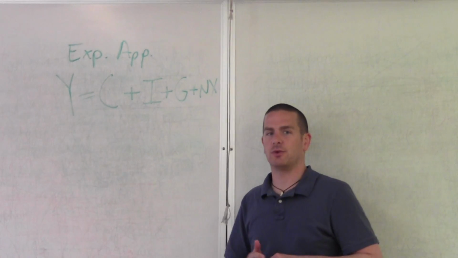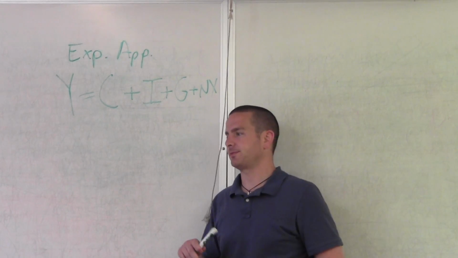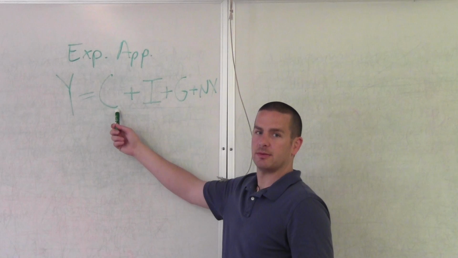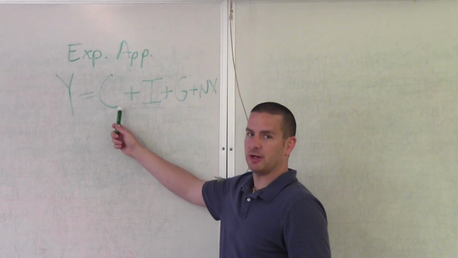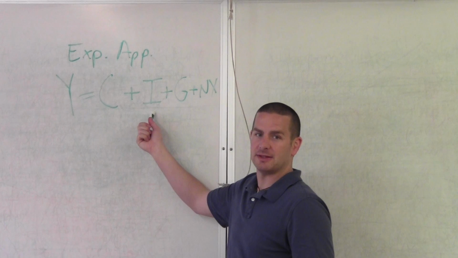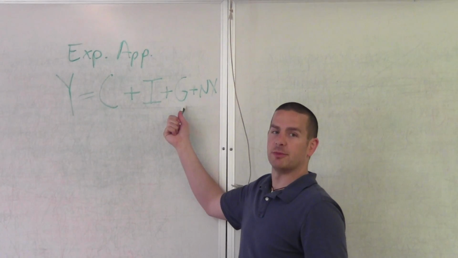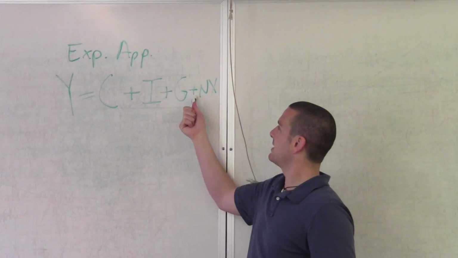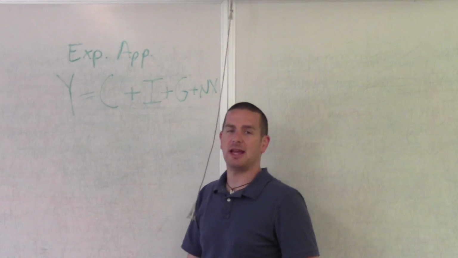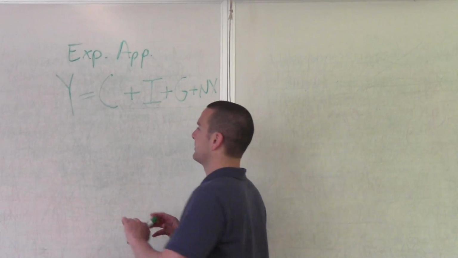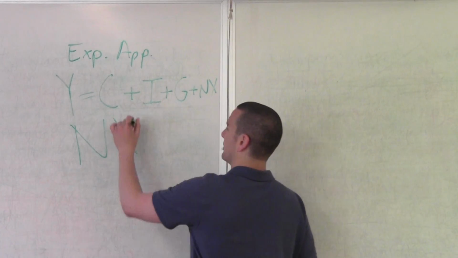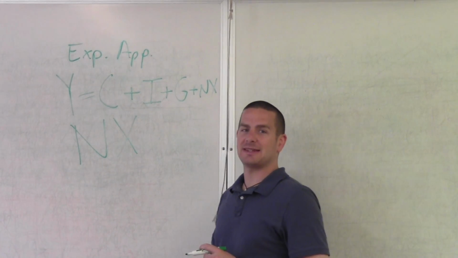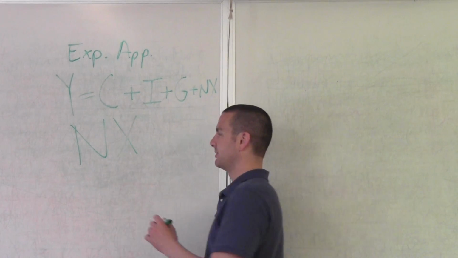That's what Y stands for, it stands for GDP. Y is equal to C, consumption, plus I, investment, plus G, government spending, plus NX, net exports. That's what NX stands for, net exports.